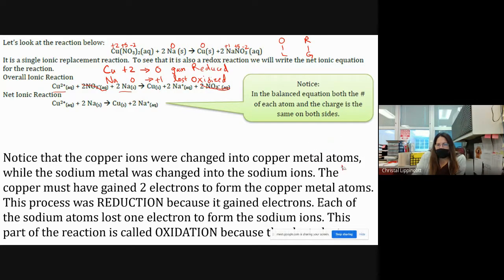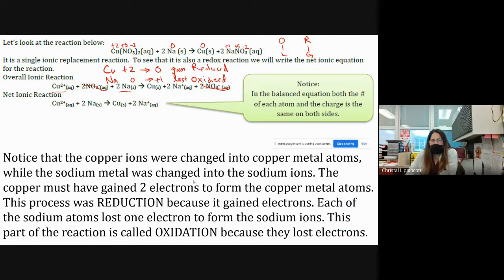So when we look at that, we can see what happened. You've got to get comfortable with figuring out where these electrons are coming from, where they're going to, and which one's reduced and which one's oxidized. Now, if you remember back when I first taught you how to write these formulas out back in regular chem, we called these numbers oxidation numbers.